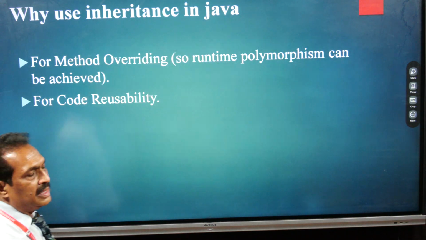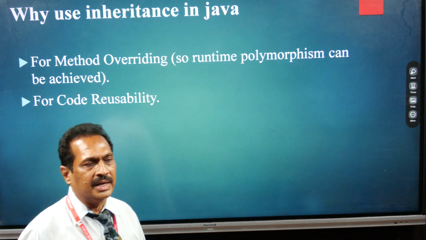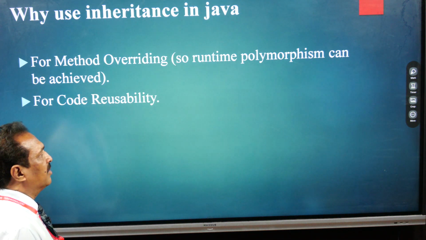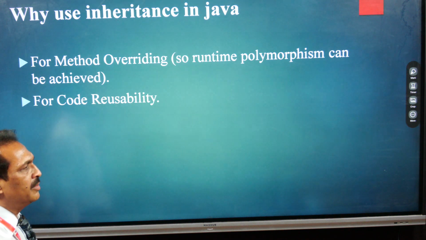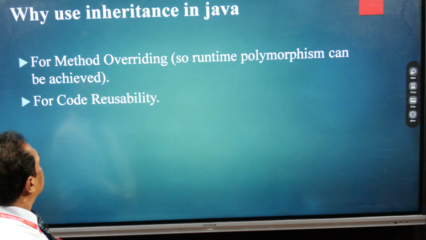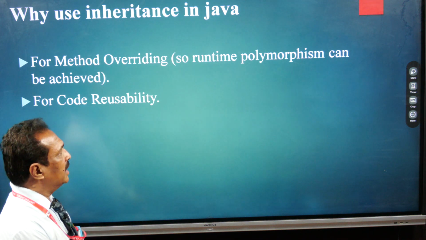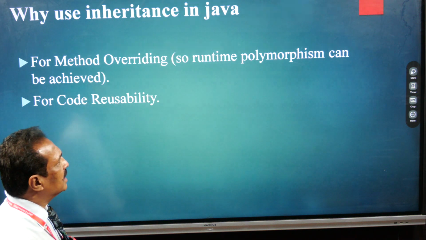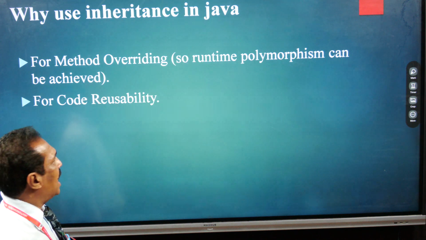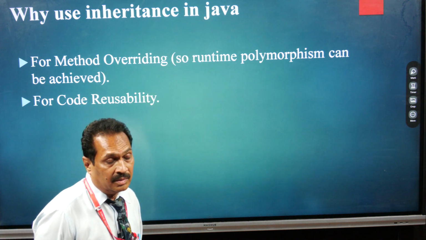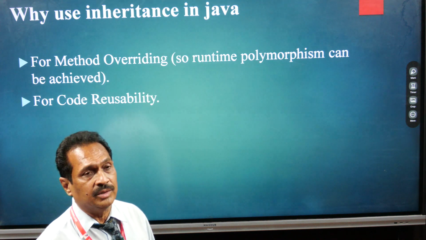So inheritance plays an important role in programming languages, especially object-oriented programming languages. That is, in two ways we can use this inheritance. One is method overriding, sometimes we call it runtime polymorphism, and another important feature is code reusability.